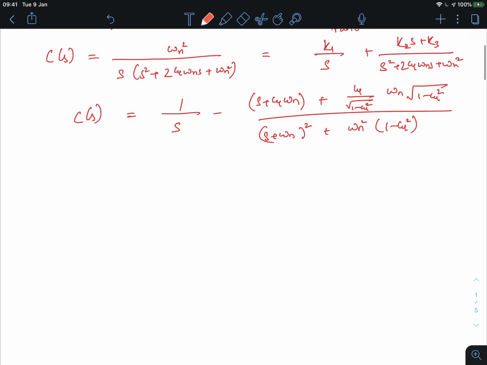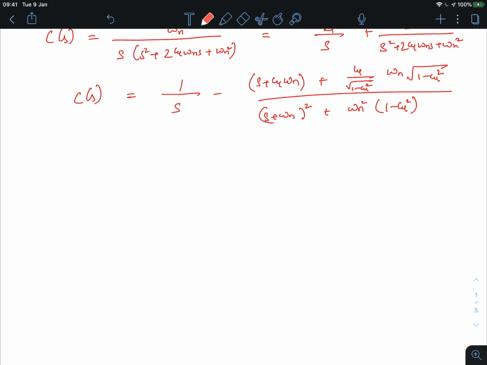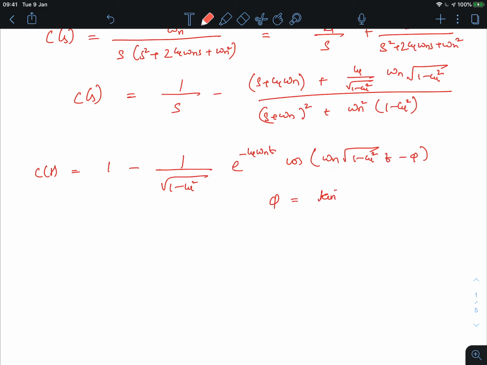Now after taking the inverse Laplace transform, I could write c(t) as 1 minus 1 upon root 1 minus xi square, e to the power minus xi omega n t, cos of omega n root 1 minus xi square t minus some phi, where phi is given by tan inverse of xi over root 1 minus xi square.